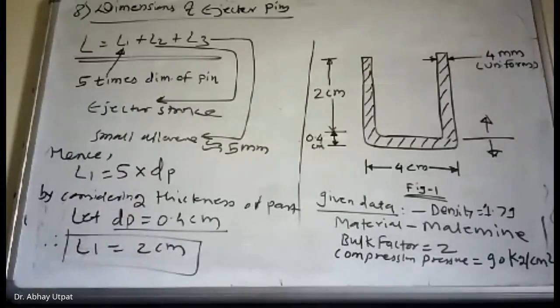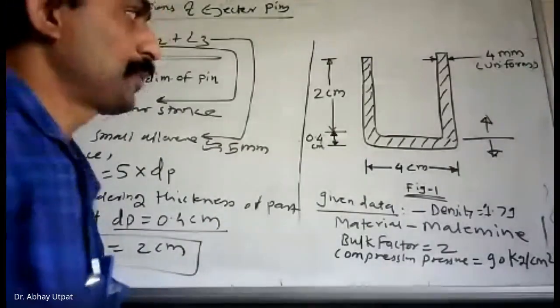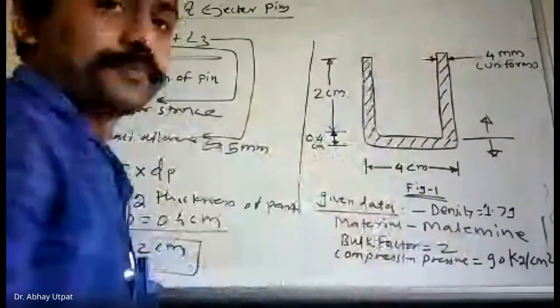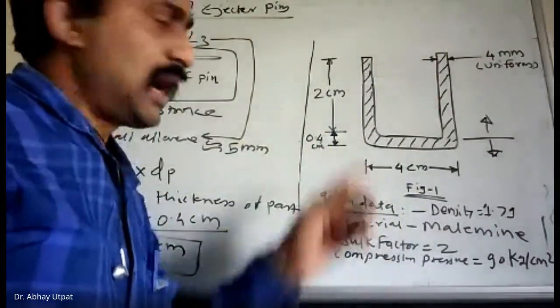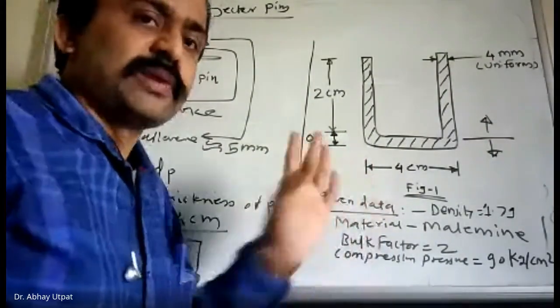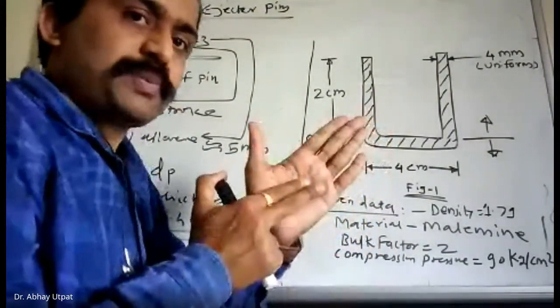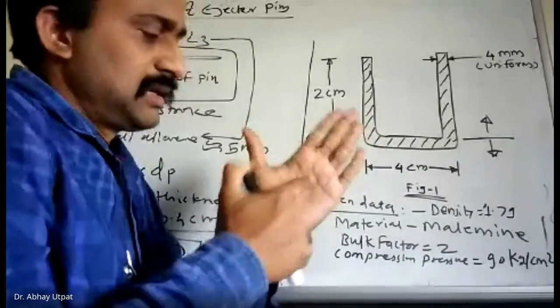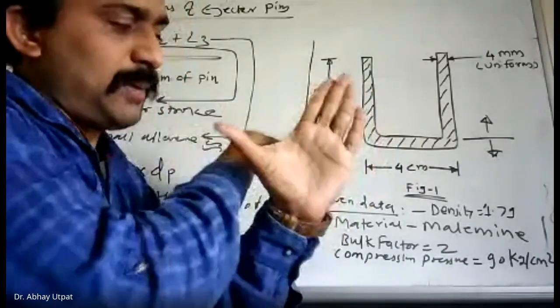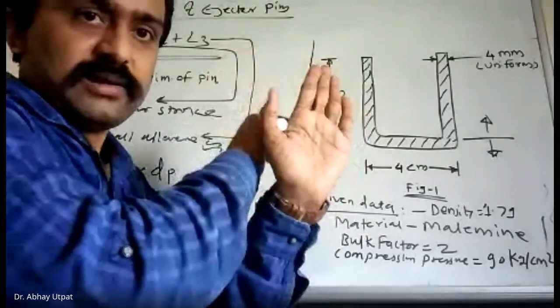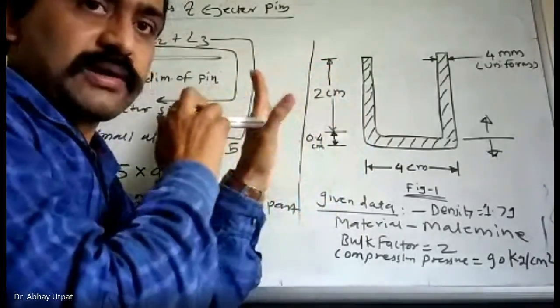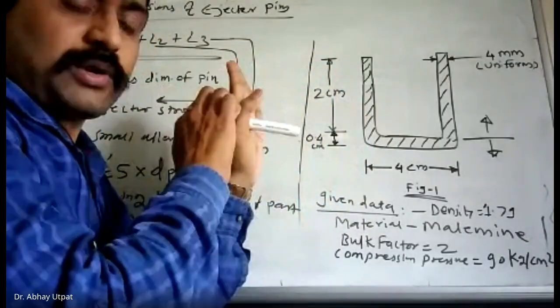Now, L2 is ejector stroke. L2 is ejector stroke means how much distance it will move. See, how much minimum distance it will move. Assume that part fits face to face. This is the wall. Pin will come out through it. This is a pin.